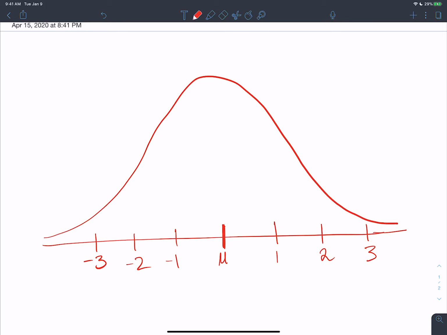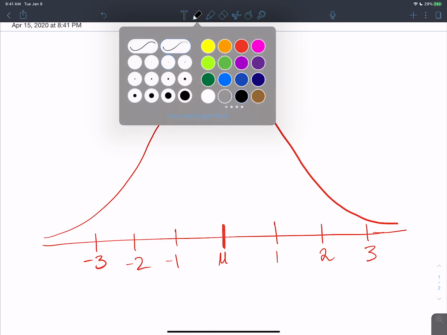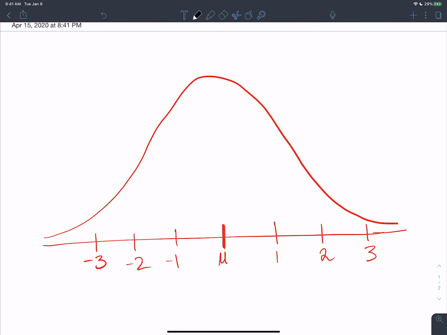You're on the right track, but it wasn't 65. It was 68%, 95%, and 99.7%. Yes.